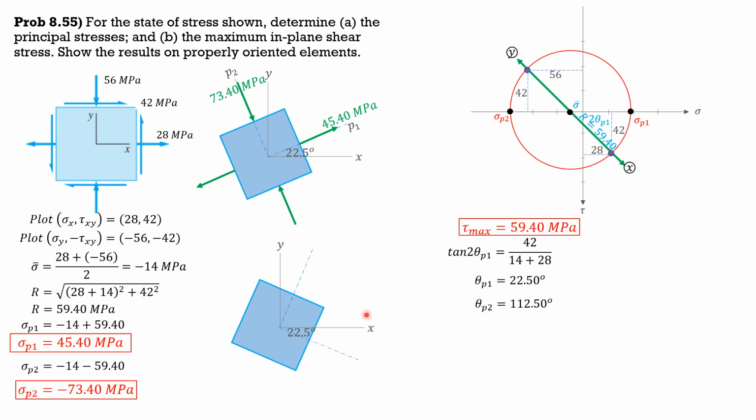This is the axis here where maximum in-plane shear stress occurs. So the normal stress is sigma bar, 14 compression as shown, and the in-plane shear stress is maximum positive, so up to the right, and it is 59.4 as shown. The rest will follow. So that's it for this problem.